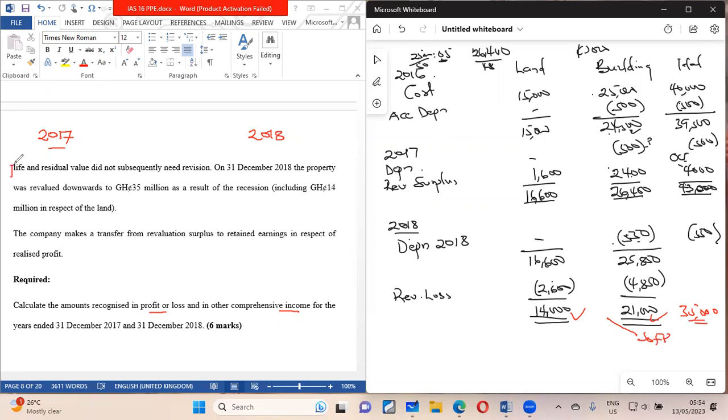In 2017, P&L, we have P&L of 500 depreciation. Then we also have some revaluation surpluses in 2017, which will be OCI. So the revaluation surplus will be 4,000.